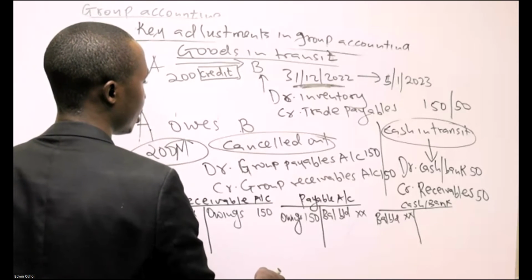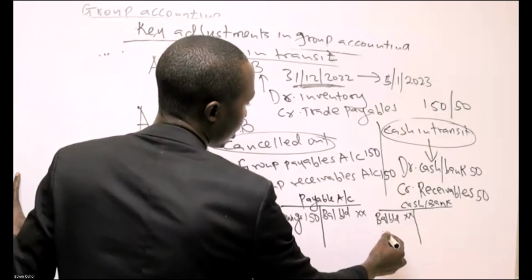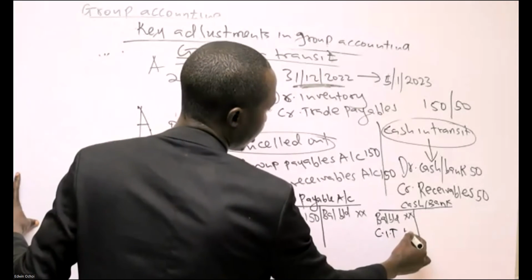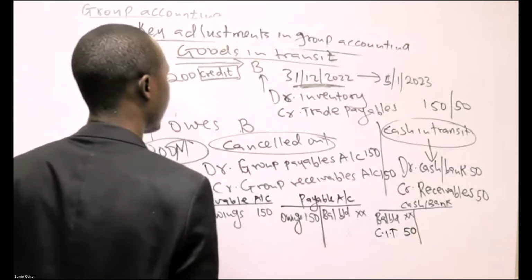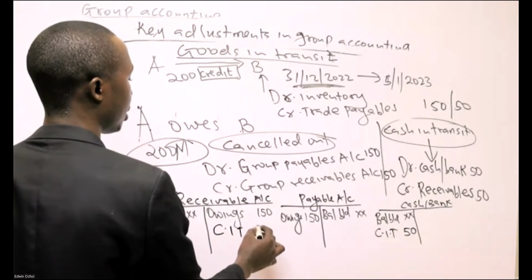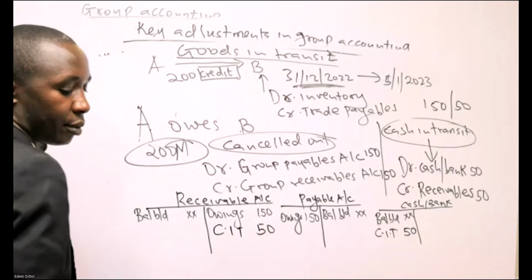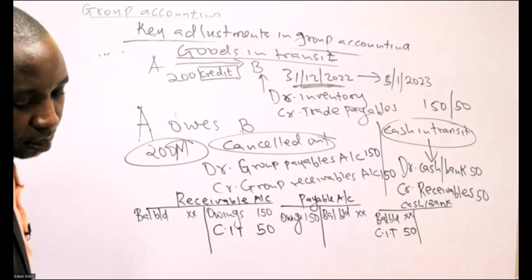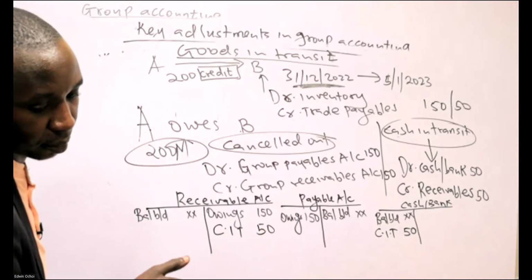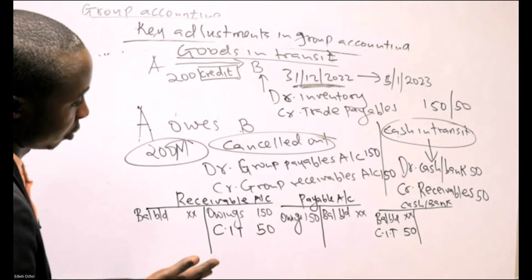You debit. So the cash in transit, CIT, is debited here and it's deducted here because it has been paid. Susan, it's not okay now. You can see it's not just adding. Yes, thank you.